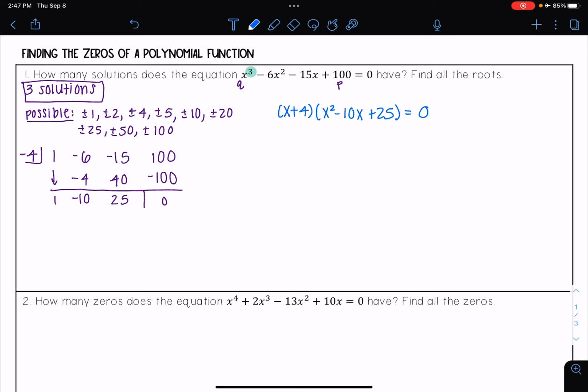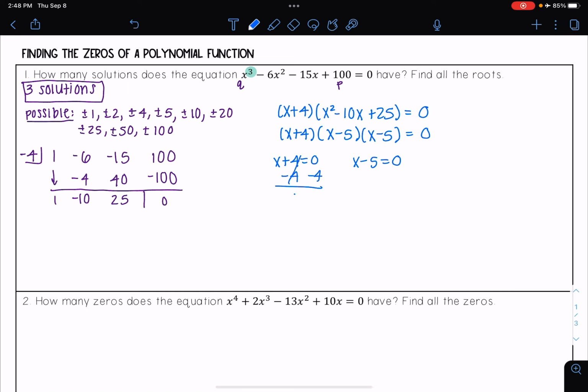Two numbers that multiply to 25 and add to negative 10 are going to be negative 5 and negative 5, so x minus 5 twice. Now I can solve x plus 4 equals 0 and x minus 5 is equal to 0, and I get x equals negative 4, and x is equal to 5. And so those are going to be my answers.